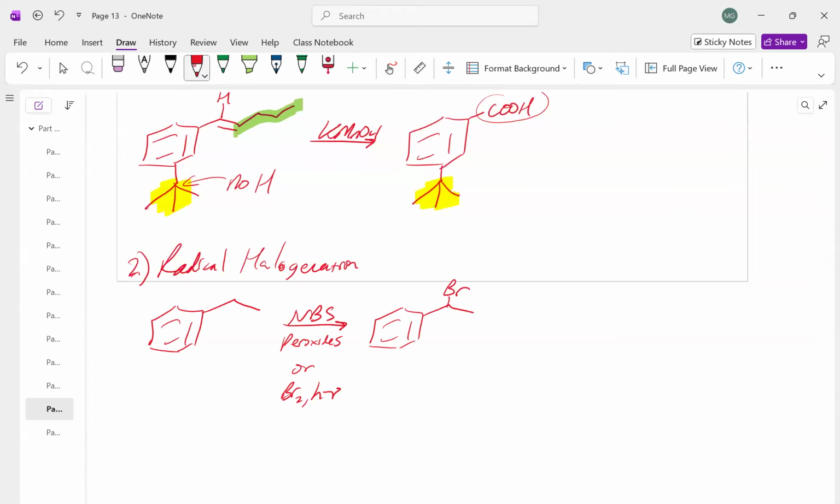So you're never going to see that bromine end up on benzene under these reaction conditions. We will put bromines on benzene. That's for the next unit, though. But we don't do that in this method. A radical halogenation will specifically halogenate the benzylic carbon and no other carbons.